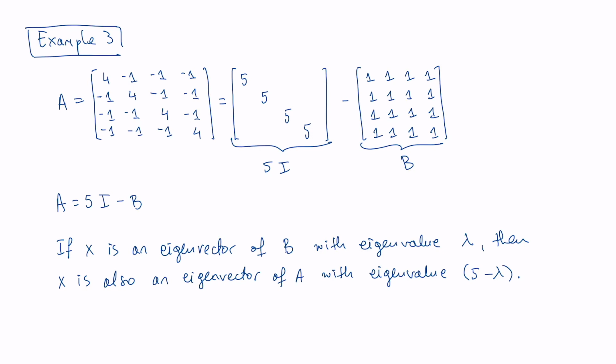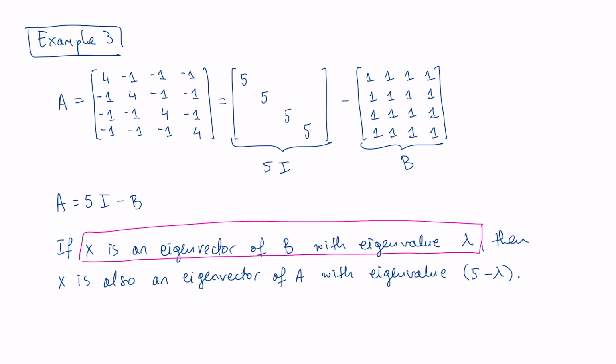So I have this assumption: X is an eigenvector of B with eigenvalue lambda. This long sentence can be replaced with Bx equals lambda x. That's the assumption. I don't know about you, but I like this short form better. I can see it easier.